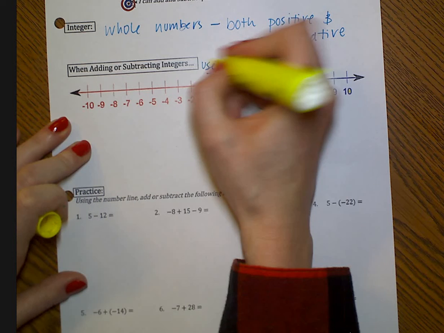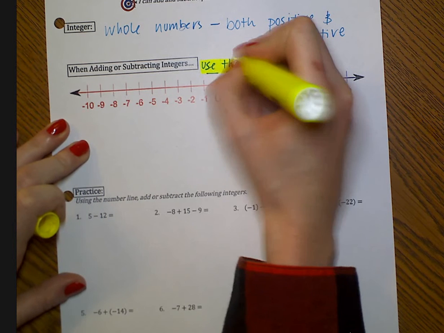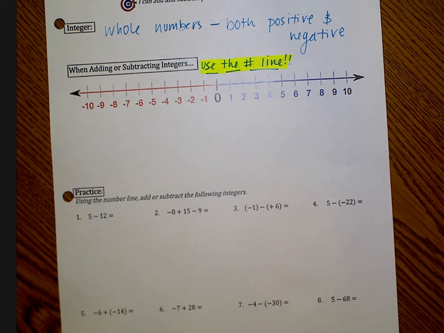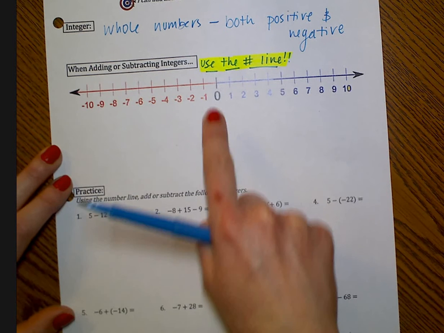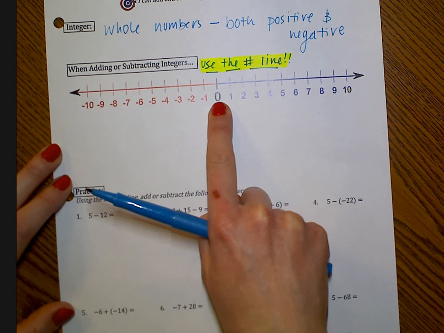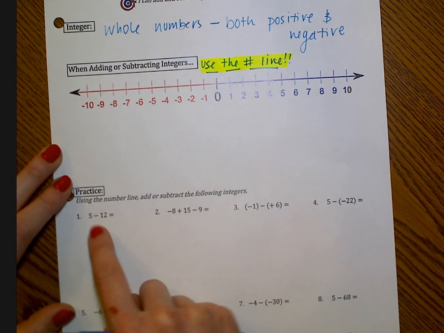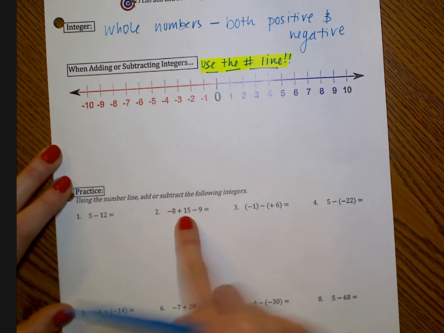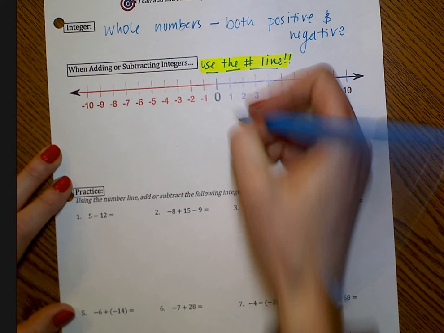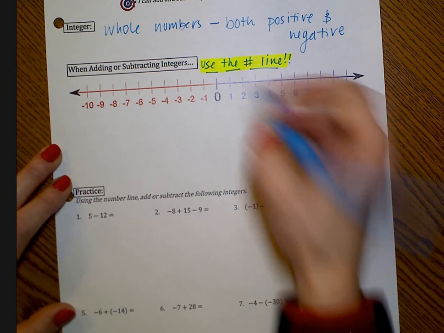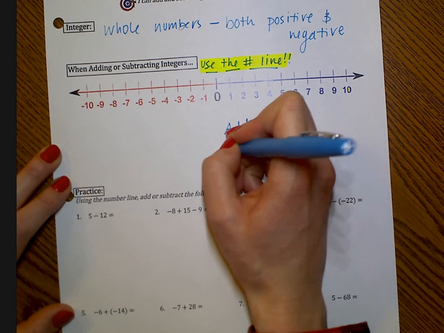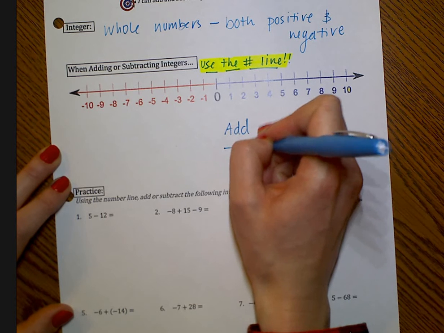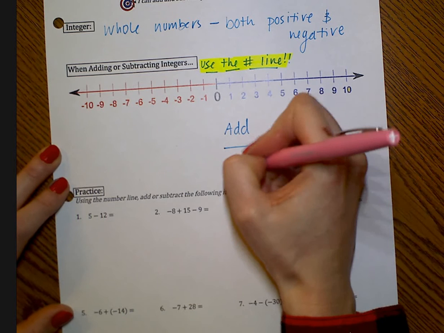And I'm going to highlight this too because this is a big deal. Now, here's how we're going to use the number line to do something like this number 1 here, 5 minus 12. Use 0 as your reference point. Now, if you are ever adding in your problems, in your examples, you are going to count to the right on the number line. Okay, so I'm going to make a note here. If I'm adding, I'm going to count right.